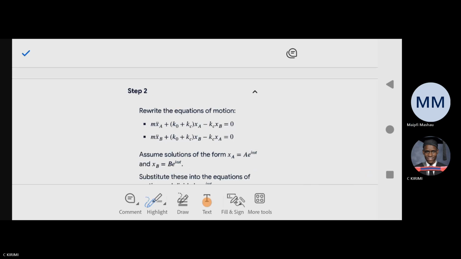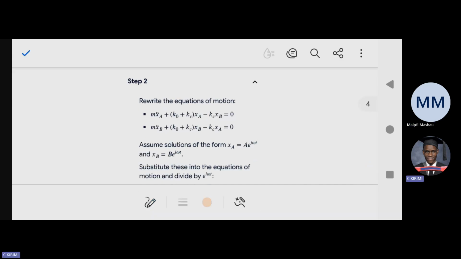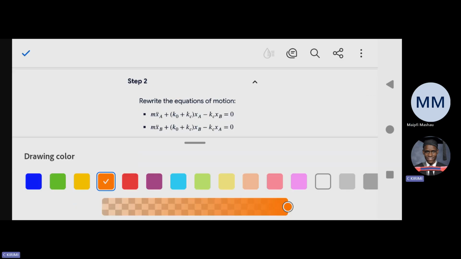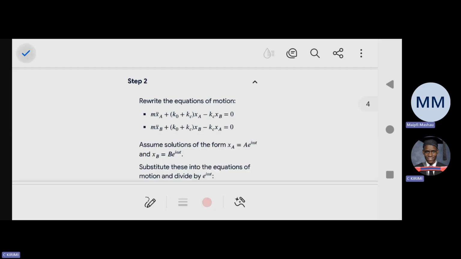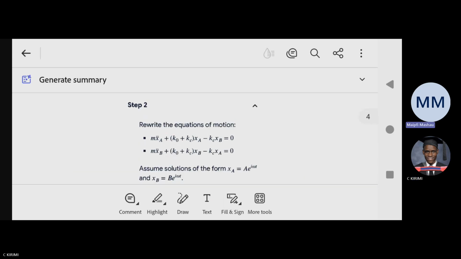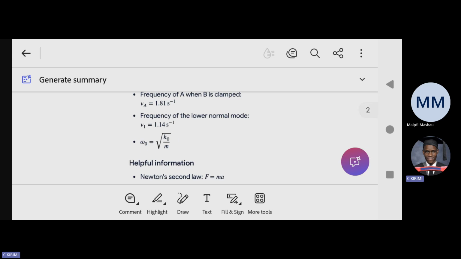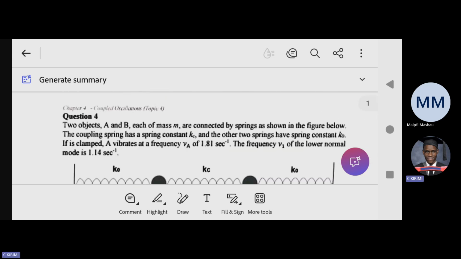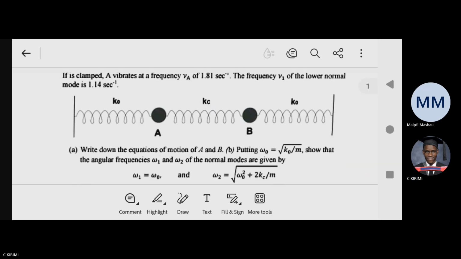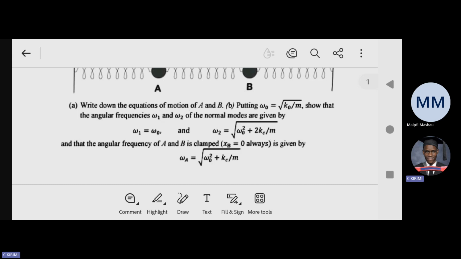So these are the two equations they are referring to, the two equations for the motion of A, where they're saying write the two equations for the motion of A and the motion of B. So we solved the two equations of motion of A and motion of B, which means we have answered this part.